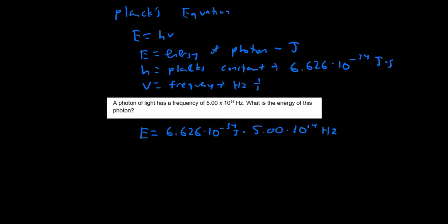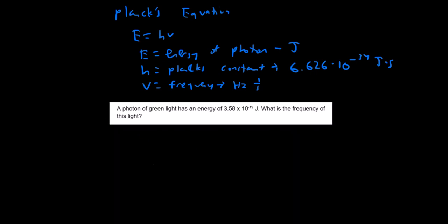Oh, and this is joules times seconds. Don't forget the units. And we get our answer to be 3.31 times 10 to the negative 19. And this is going to be in joules.